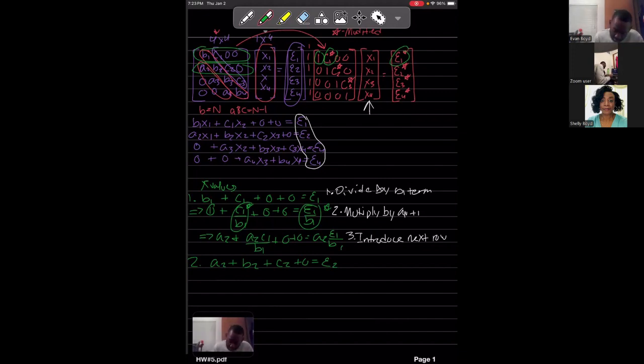And then next, we will subtract our step above, so this step here with our second column. We'll subtract step 4 minus 3.